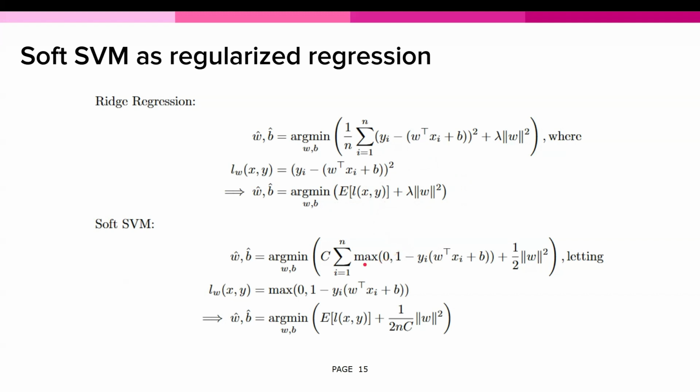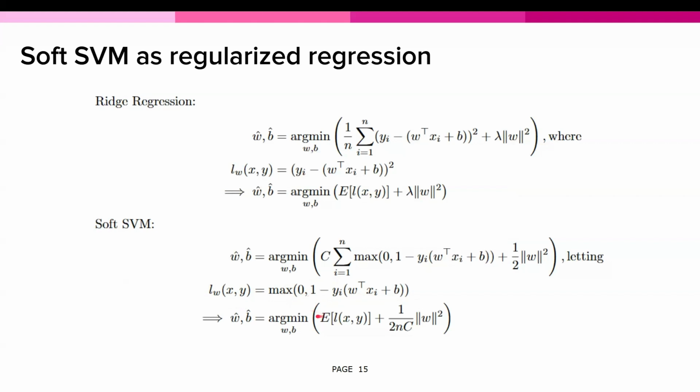So let's now compare this to the soft margin SVM. I've changed the order of the terms in the SVM objective to highlight this similarity. If we take the loss function to be the hinge loss, the soft margin SVM can be rewritten as the expected hinge loss plus the regularization term.